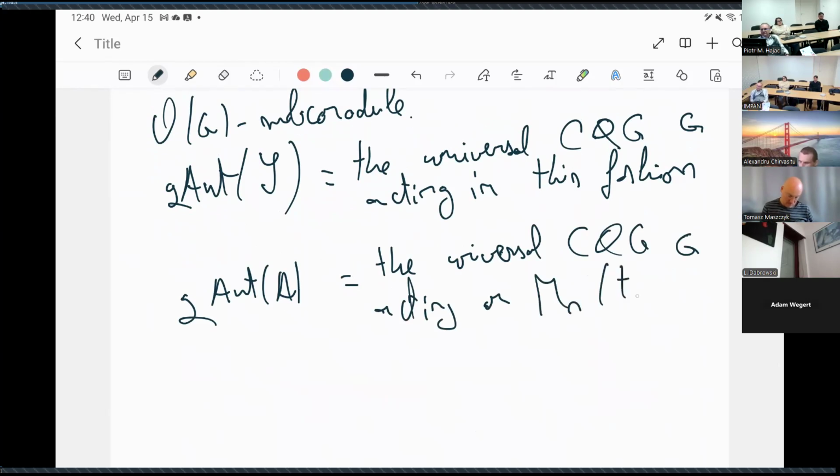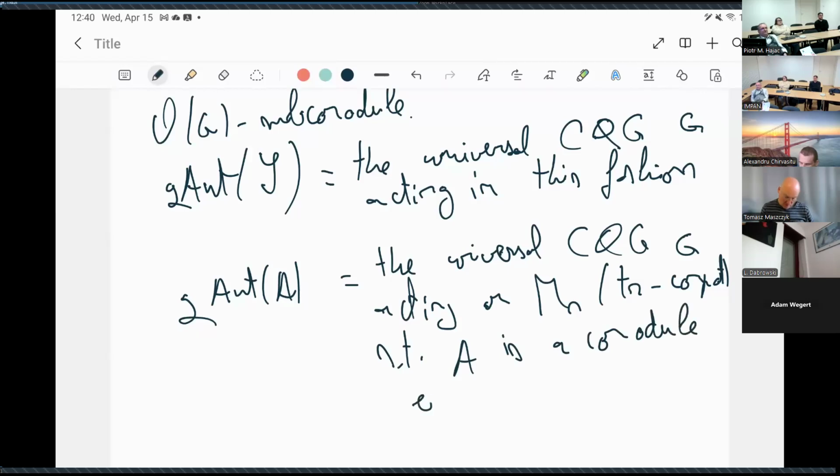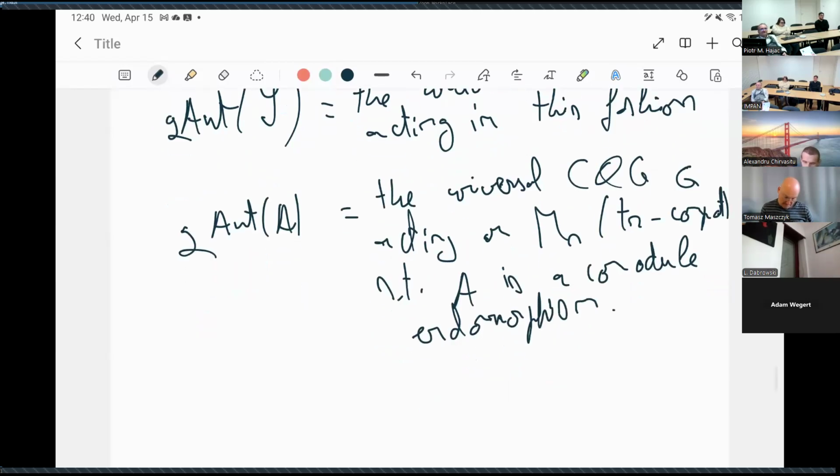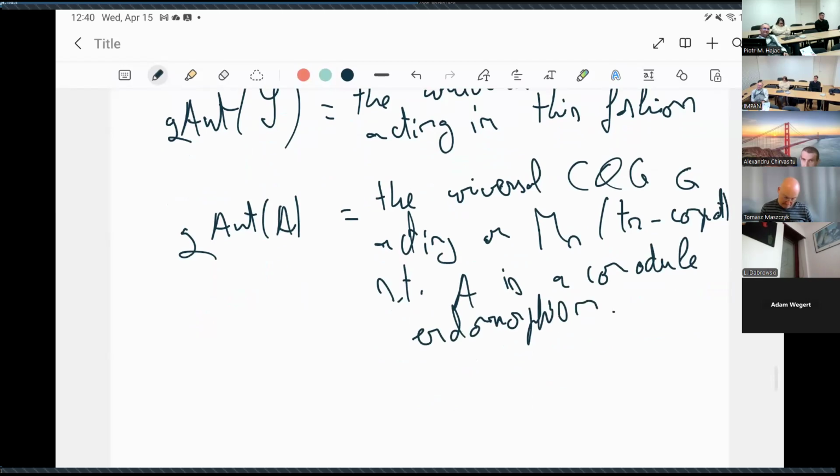Remember, we're preserving the trace. Trace compatible, such that A is a comodule endomorphism. Yeah, that's another competing notion of a quantum automorphism group of a graph.